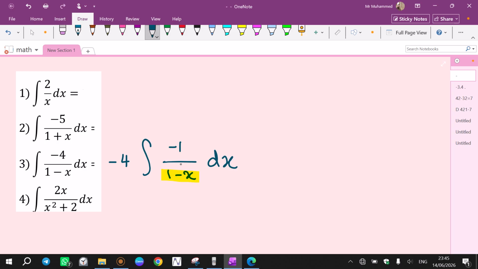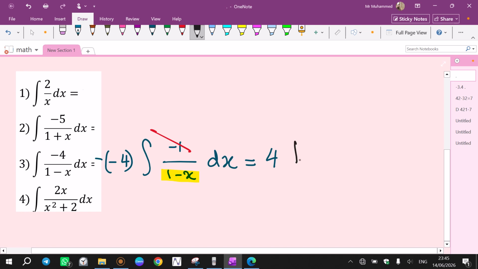If I add a negative inside, then I have to add a negative outside to keep the balance. In this case, negative outside cancel out, it becomes positive 4. And this negative 1 is the part which is derivative of inside. We just ignore it, and then it will be ln absolute value of the denominator. And there's always plus c. We can do it this way.